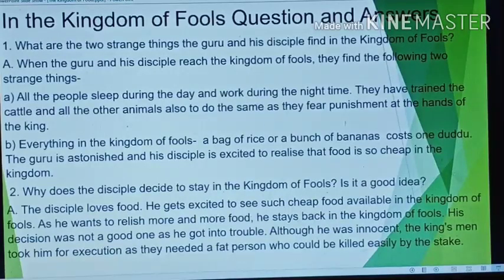Question number 2. Why does the disciple decide to stay in the Kingdom of Fools? Is it a good idea? The disciple loves food. He gets excited to see such cheap food available in the Kingdom of Fools. As he wants to relish more and more food, he stays back in the Kingdom of Fools. His decision was not a good one, as he got into trouble.